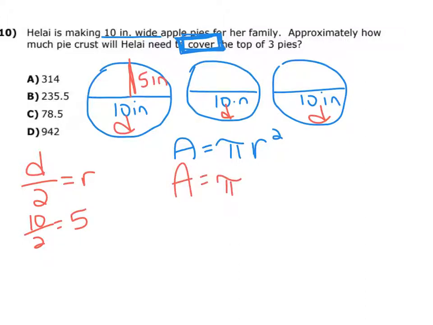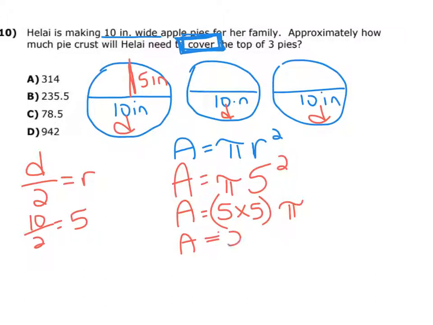So we're going to do pi, radius squared, is 5 squared. Remember, that's going to be 5 times 5 times pi. 5 times 5 is 25 pi. Now, these are not in terms of pi, so we're going to continue. I'm still going to do times 3.